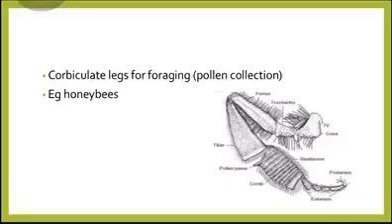Whereas the pollen grains which were ingested are digested and assimilated in the alimentary canal of the honeybee, and that is their actual food. So these were the different types of legs, their various modifications according to the habit of the insect.